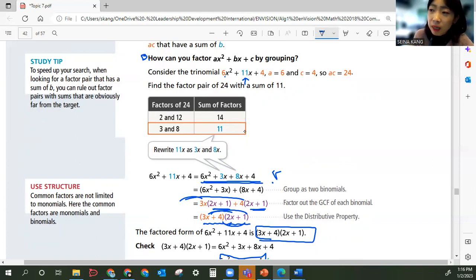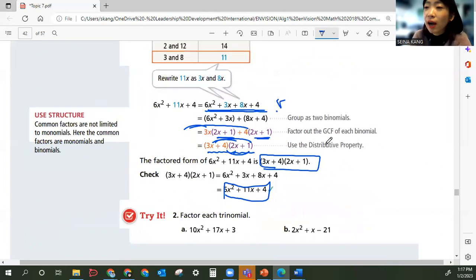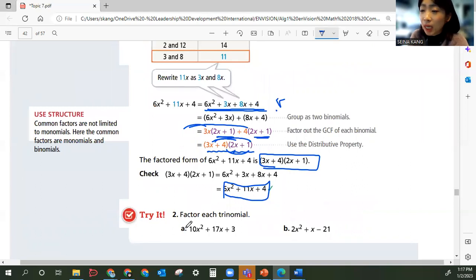And then you're going to group them and factor out the GCF, then use the distributive property to get 2 binomials. Okay? So follow these steps to try number 2A and B. Pause the video and try if you can solve it by yourself and come back when you're ready for answers.